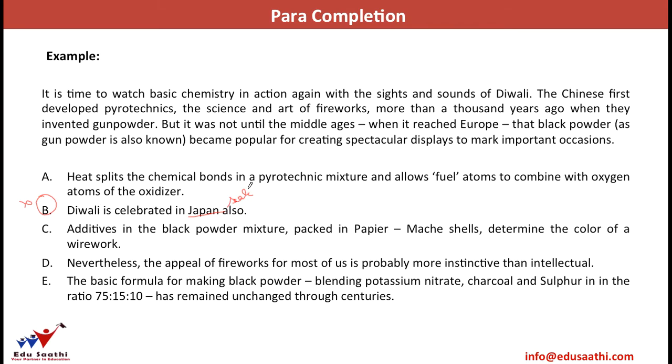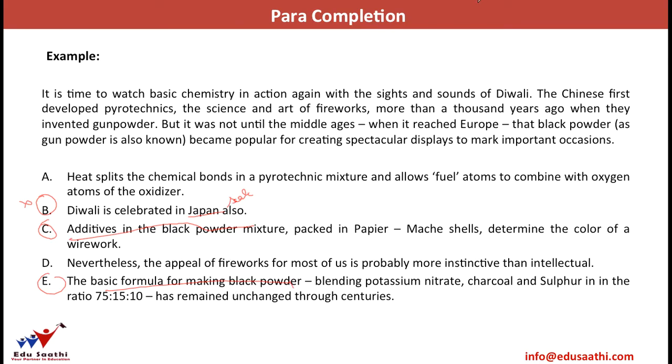Now, I'll treat the alternatives A, C, D, and E as a question of parajumble, and try and arrange them to form a coherent sequence of a paragraph. Alternative C says additives in black powder, and alternative E says the basic formula for making the black powder.